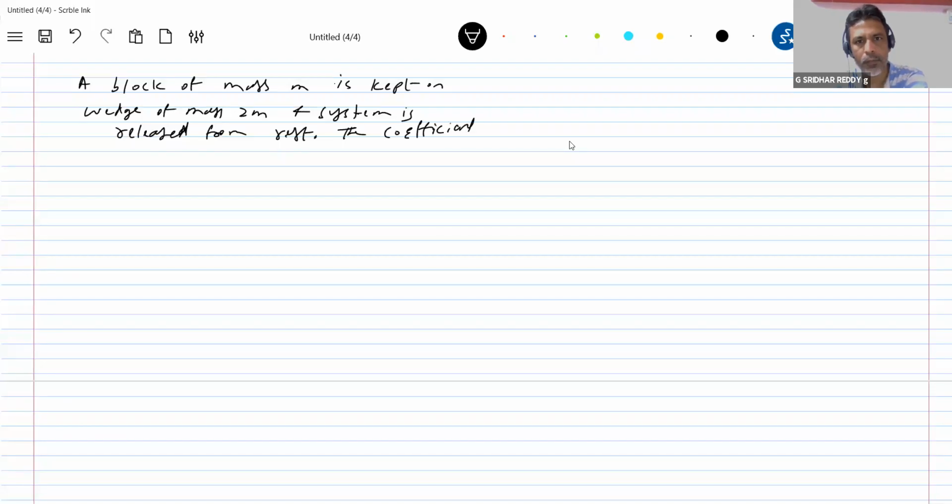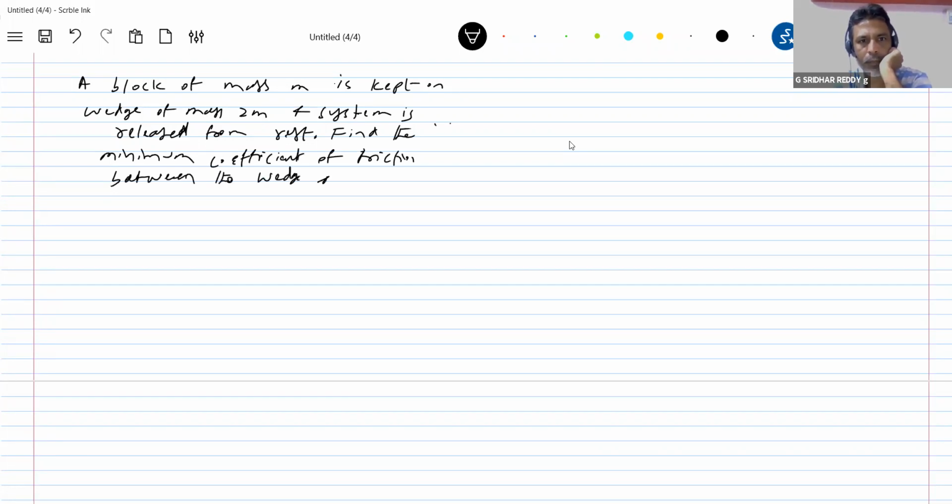Find the minimum coefficient of friction between the wedge and the ground so that wedge does not move. The inclined plane is smooth.